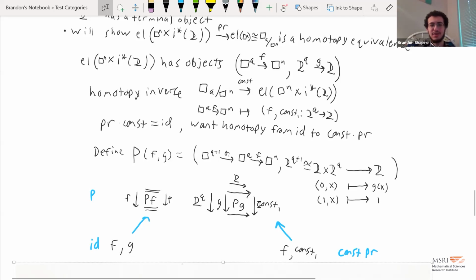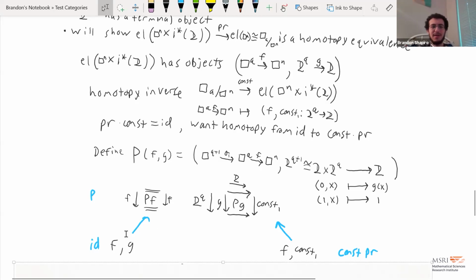And the reason we can do this, even though our cube category doesn't have any connections, is because when we use I star, we have the full subcategory of these products at our disposal. So we get all of the maps in Cat, and we can use them in constructing this homotopy.